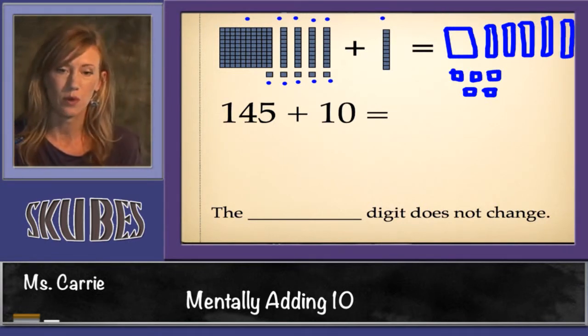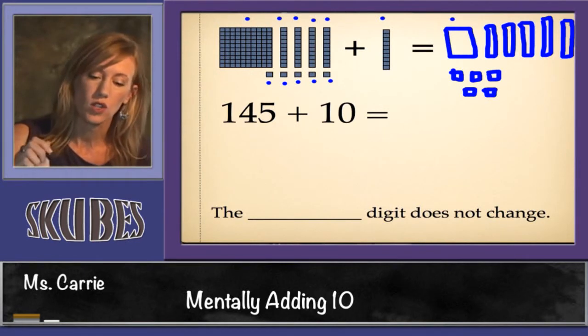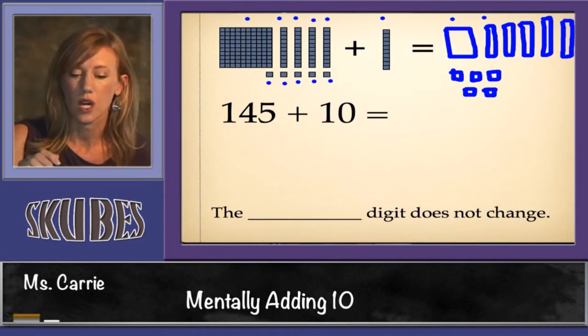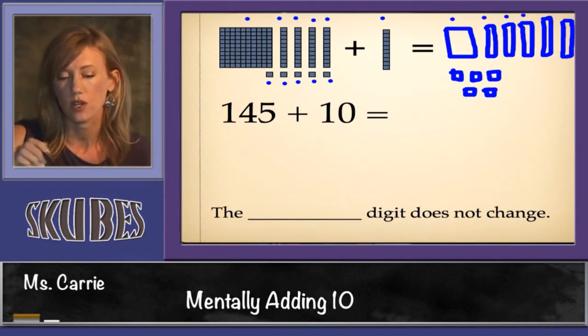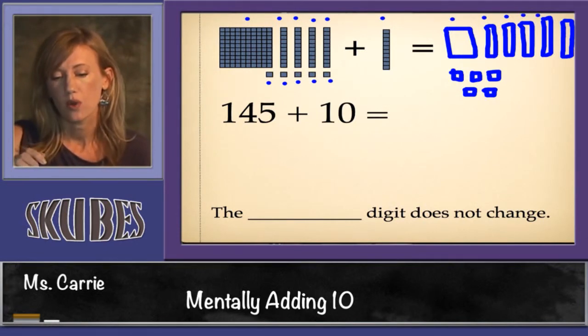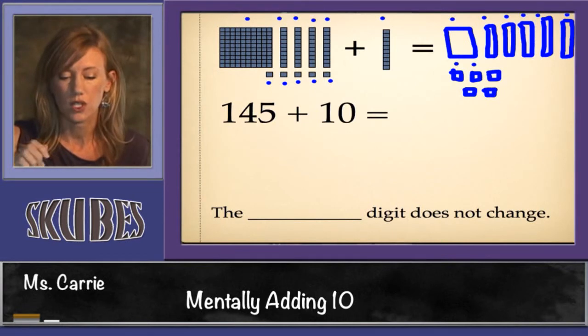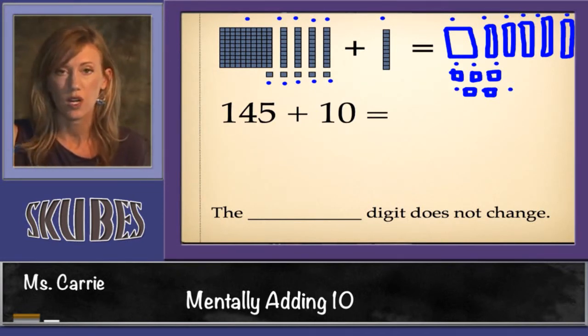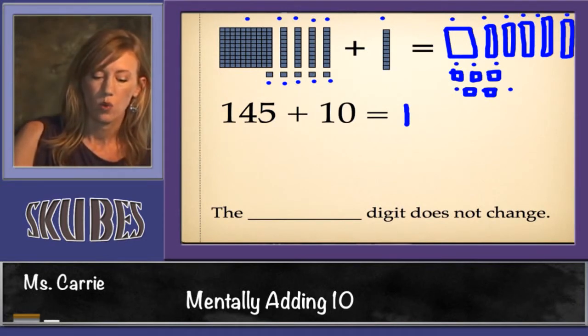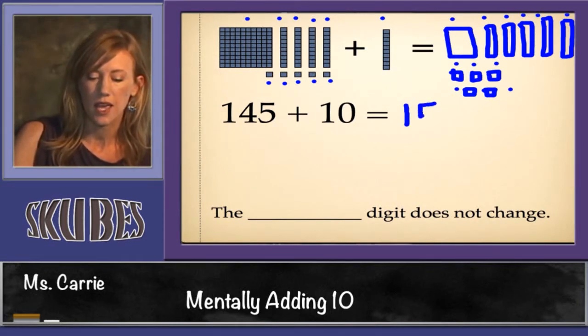Let's count it up and see what we get. We have 100, 110, 120, 130, 140, 150, 151, 152, 153, 154, 155. 145 plus 10 is 155.